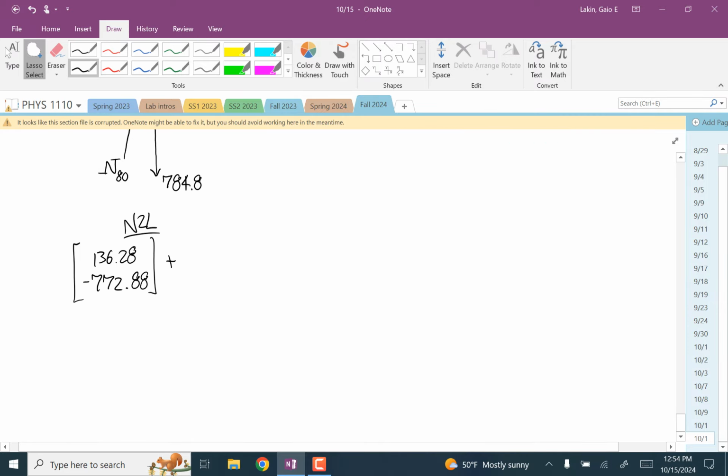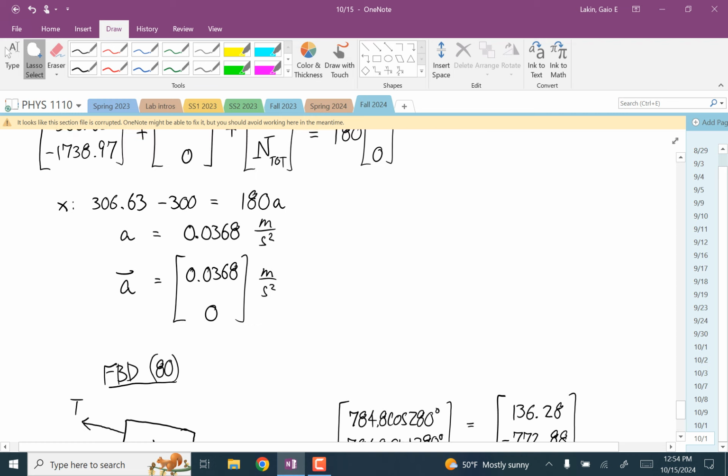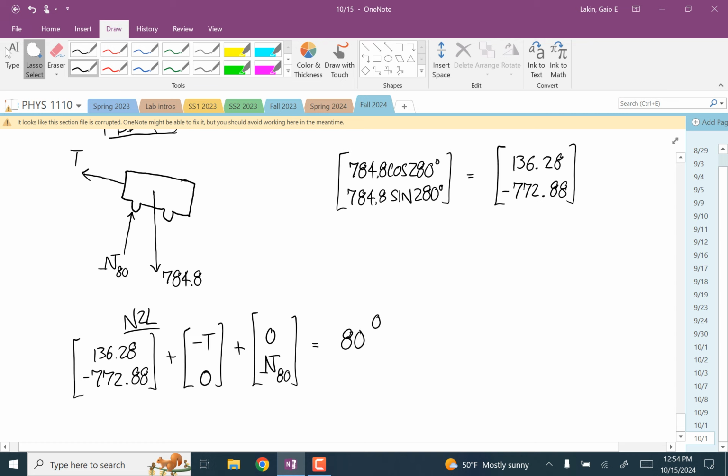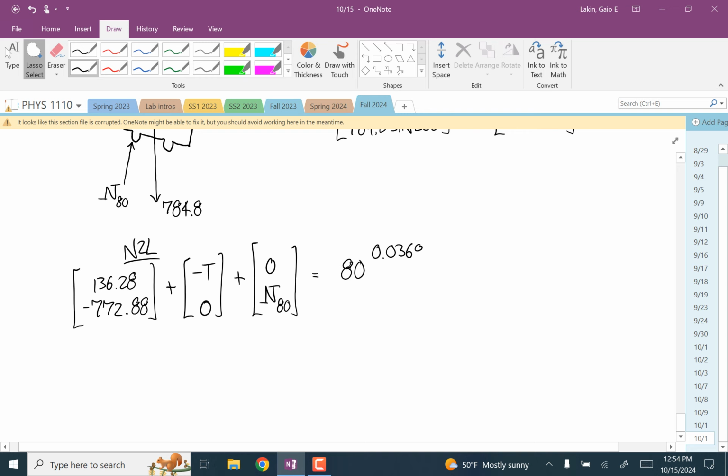So this is negative T, 0. The normal force is 0 and N80. And all this is equal to the mass of 80 kilograms times the acceleration, which we figured out in the first part. So that's 0.0368, and then 0 for y.